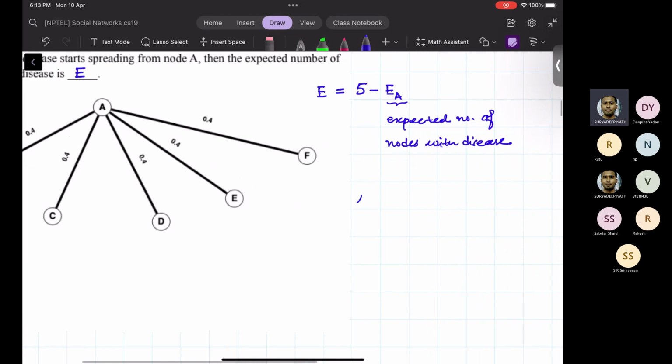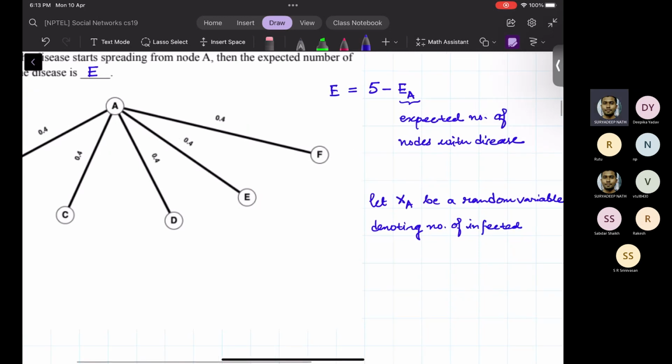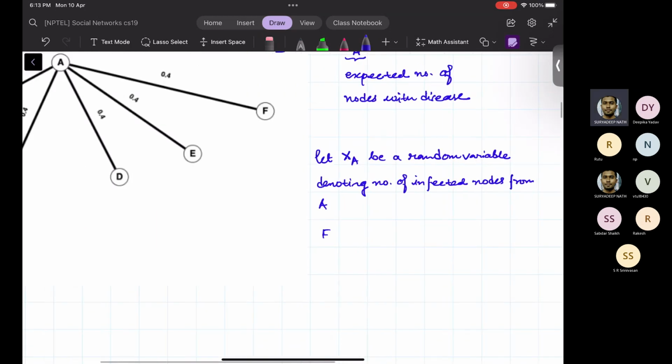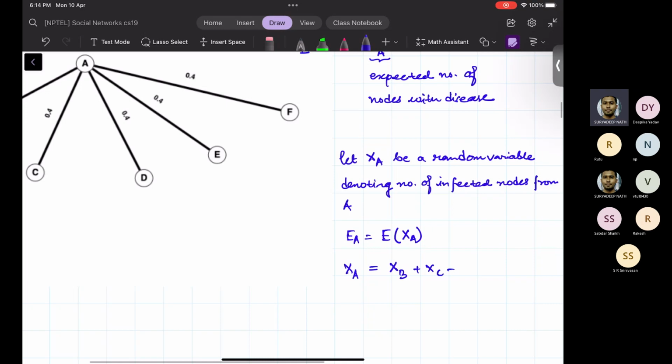Let XA be a random variable denoting the number of infected nodes from A. So EA is basically the expectation of XA. Now XA is the sum of the random variables XB plus XC plus XD plus XE plus XF.